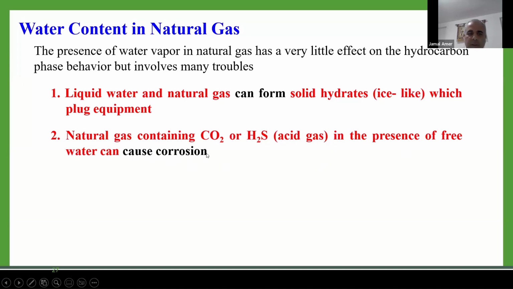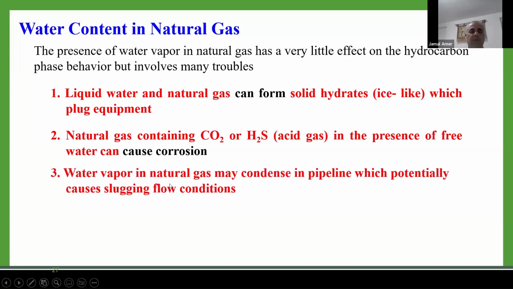They will cause acidity and could cause corrosion in the facility. Water vapor in the natural gas may condense in the pipeline, which potentially causes slugging flow conditions.